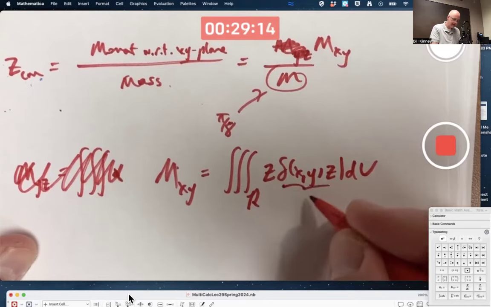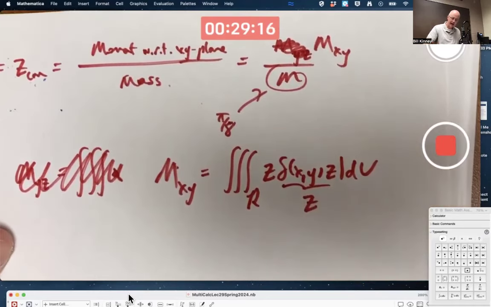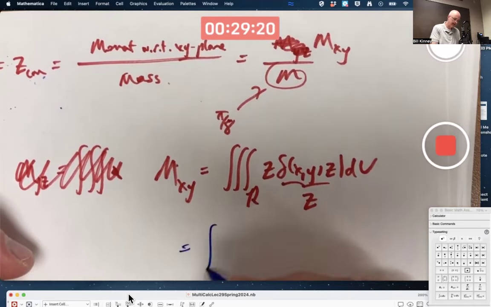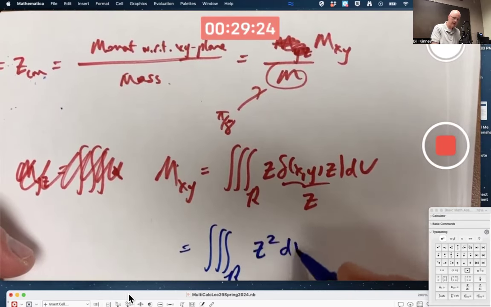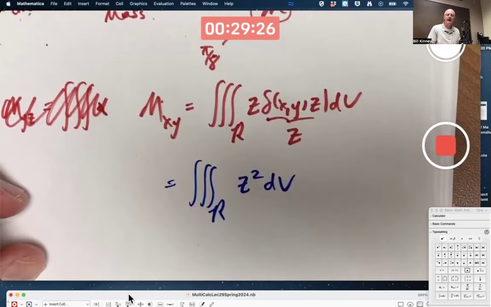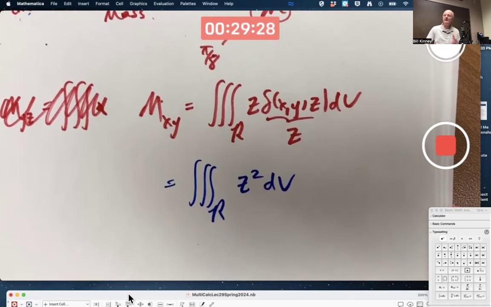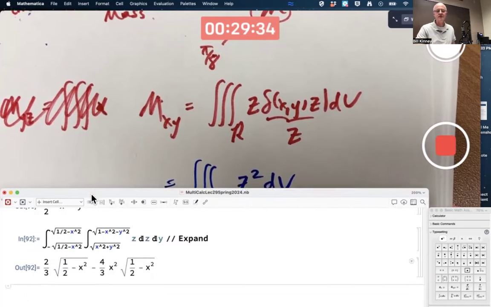This density, though, is still z, and so in the end, we integrate z squared for this example. And then whatever you get for that moment would need to be divided by pi/8, the mass, to get the center of mass in the z direction.